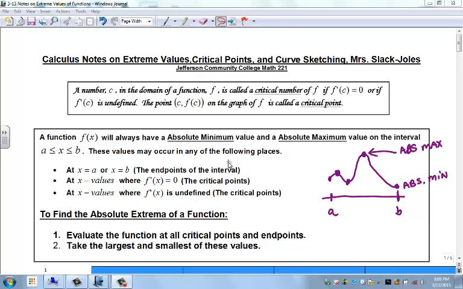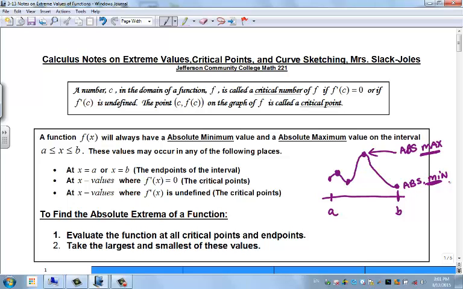So a function will always have what's called an absolute minimum and an absolute maximum value over a certain interval from a to b. What that means is if you graph a function between two numbers, there's always going to be an absolute highest point or max on that graph, and there always will be an absolute lowest point or min on that graph.